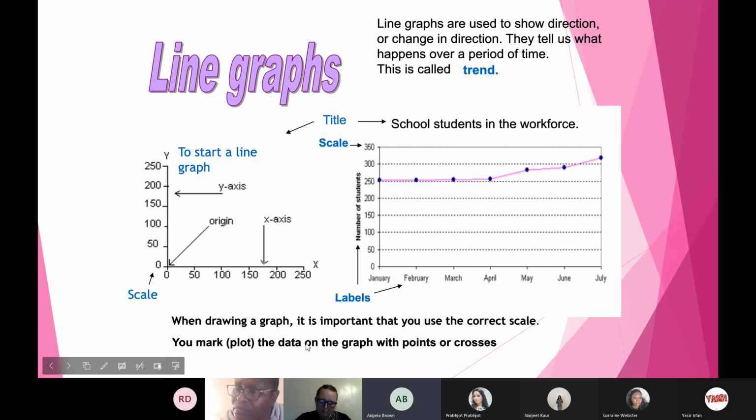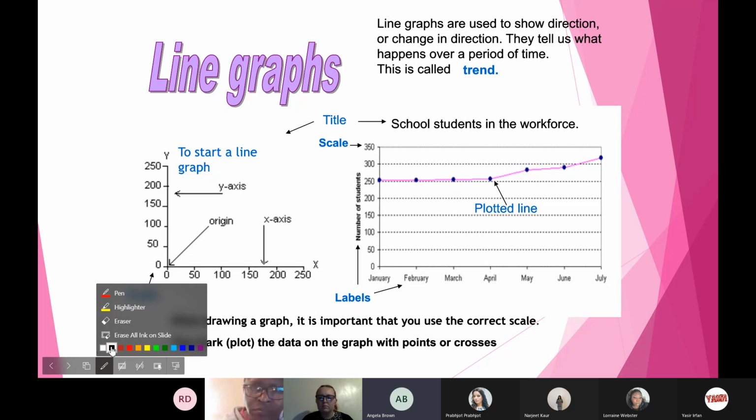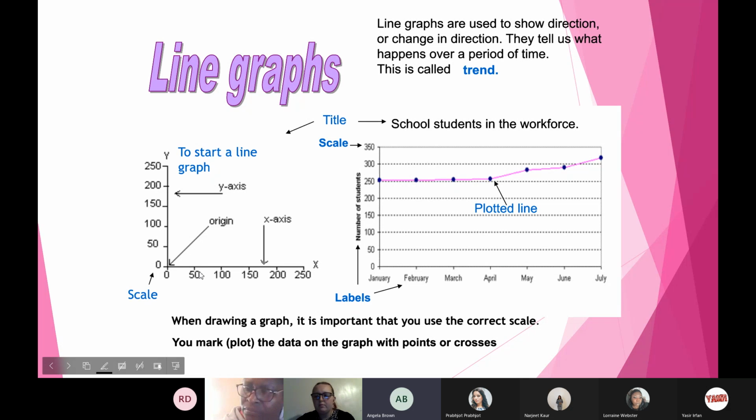And when you're plotting your data, you either put points or crosses. Now, I recommend that you always put a cross. I always recommend, let's get the scale, let's get the diagram in, that you do a cross.